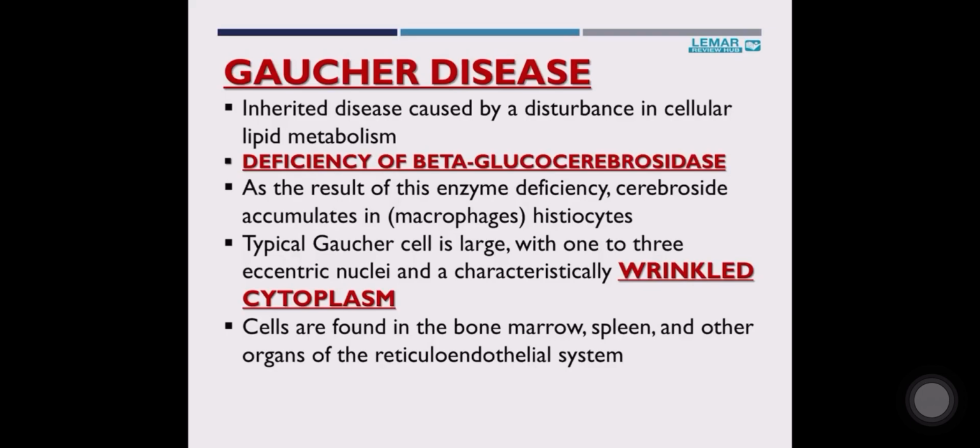Dito po, may accumulation ng glucocerebroside kasi walang glucocerebrosidase enzyme. Paano po dito dinescribe yung mga mono and macrophages? They are characterized with a wrinkled or crumpled cytoplasm. Chicken scratch cytoplasm. Kung baga, yung manok po, naglakad sa papel.